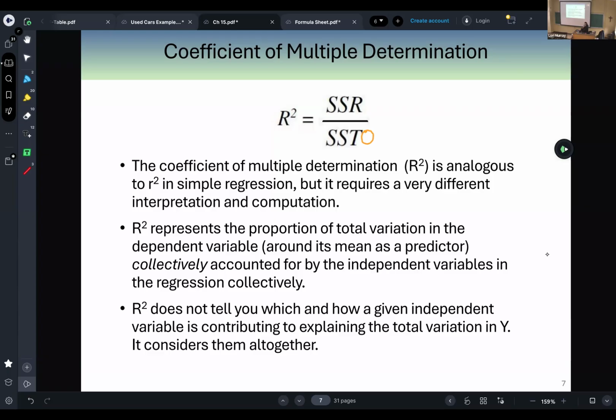So the regression variance divided by the total variance. It does not tell you, though, which independent variable is contributing to explaining the total variation, and how or why. It considers them all together.